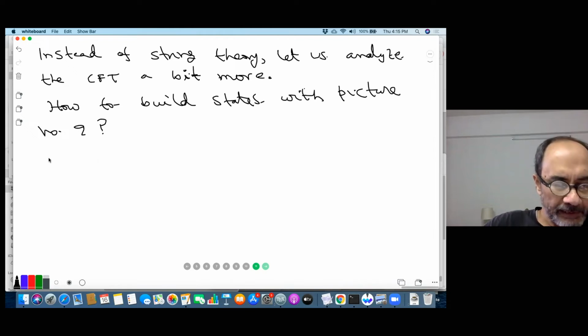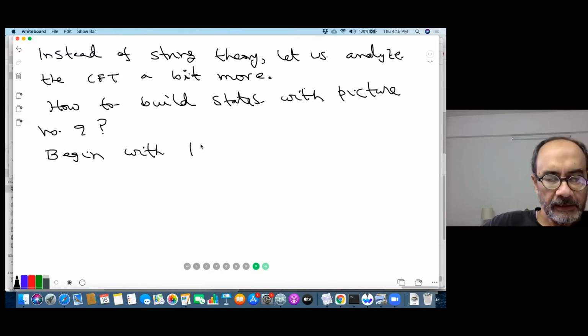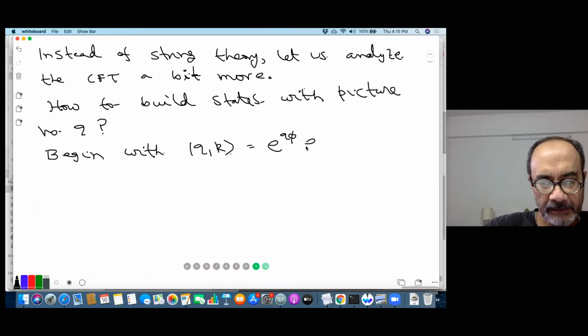Here at least one way to do this is the following. You begin with a particular state of a given picture number Q, which is e to the Q phi times e to the ik dot x, the whole thing evaluated at 0, acting on the vacuum.